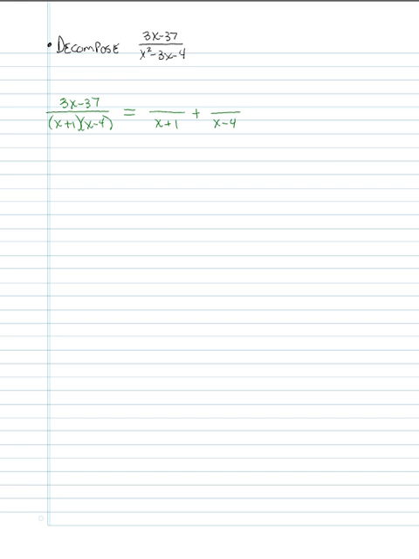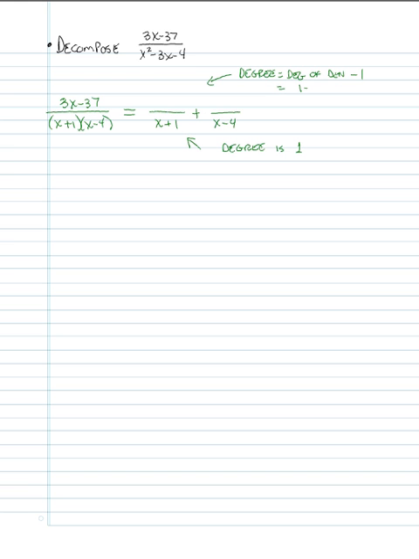If we take this fraction, the degree of the denominator is 1. And so the numerator is going to be 1 degree less. The degree of the numerator is going to be the degree of the denominator minus 1.